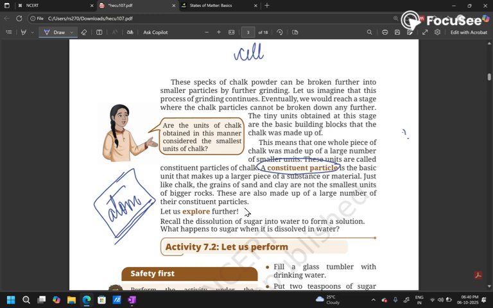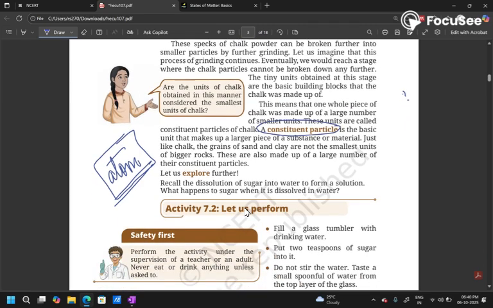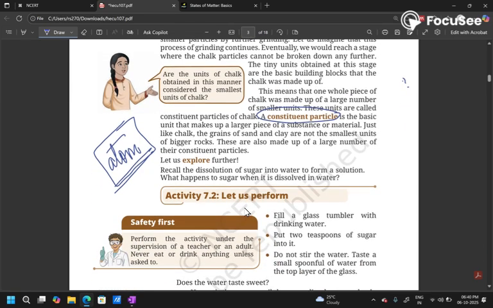Just like chalk, the grains of sand and clay are not the smallest unit of a bigger rock. In fact, they can further be broken down, and a single piece of chalk, clay or sand consists of millions and millions of such small constituent particles.